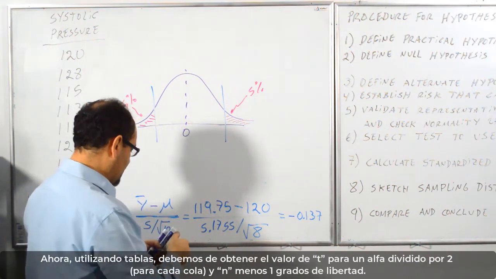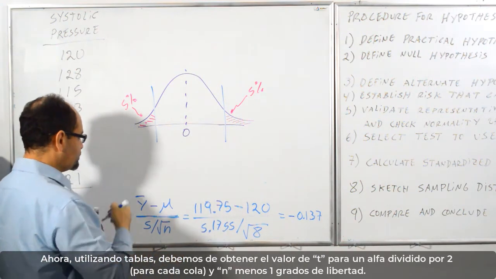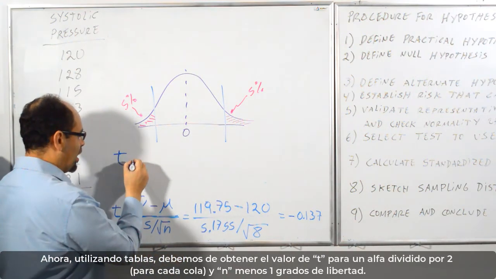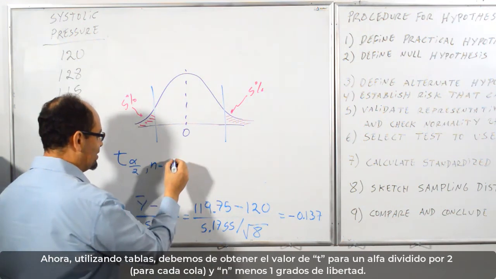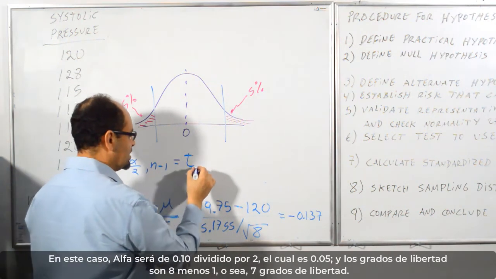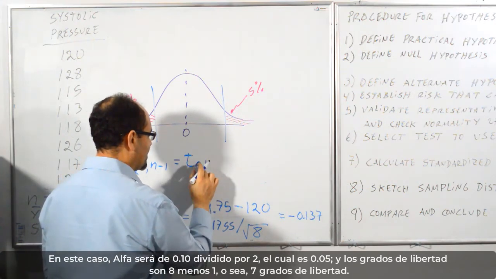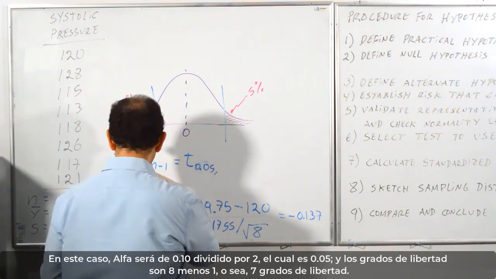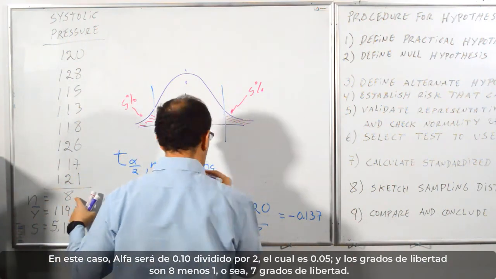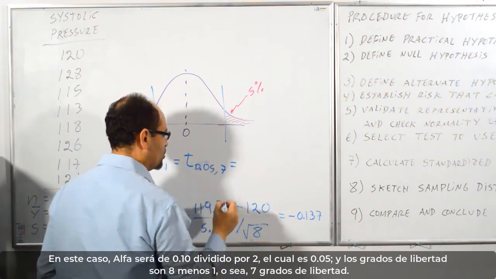Now I have to define from tables the t for alpha divided by 2 and n minus 1 degrees of freedom. In this case it is 0.10 divided by 2, which is 0.05, and degrees of freedom 8 minus 1, 7 degrees of freedom.